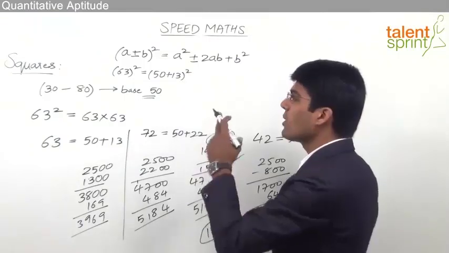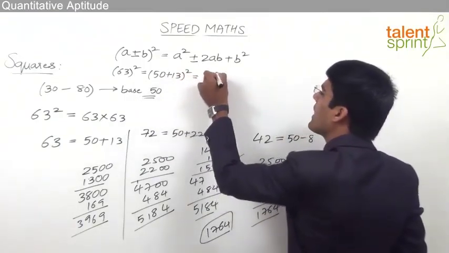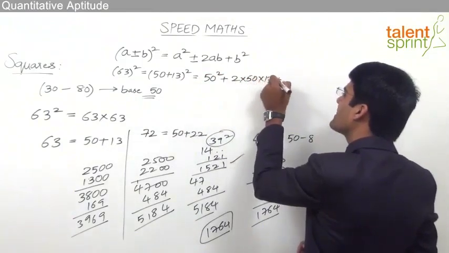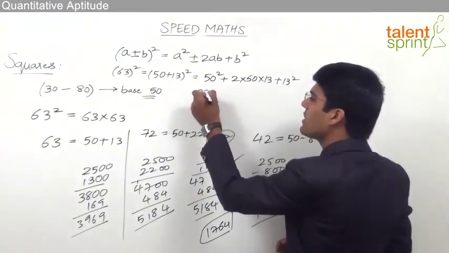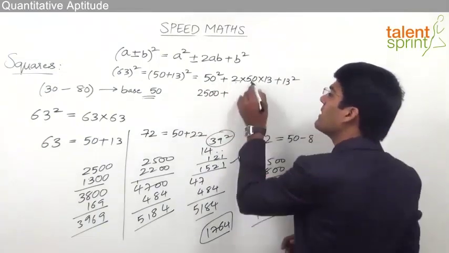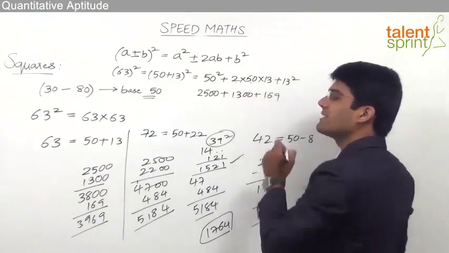Now let's understand what is the advantage in this. If we try to expand as per the formula, we get 50 squared plus 2 into 50 into 13 plus 13 square. Now if you look at this, 50 square is 2500 plus 2 into 50 is 100, 100 into 13 is 1300, plus 13 square is 169.